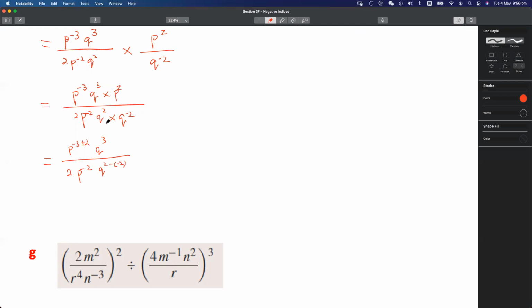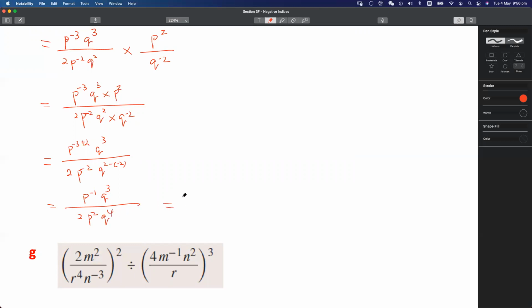There are a lot of letters in it, just be careful. So your next step: p to the power of negative 1, q to the power of 3 over 2p squared, q to the power of 4.